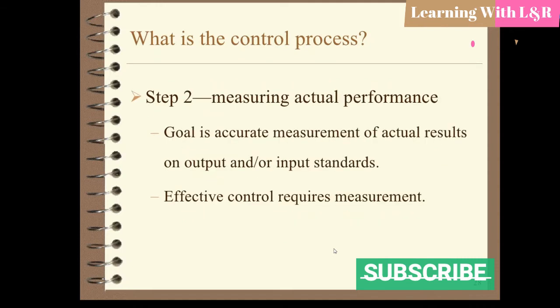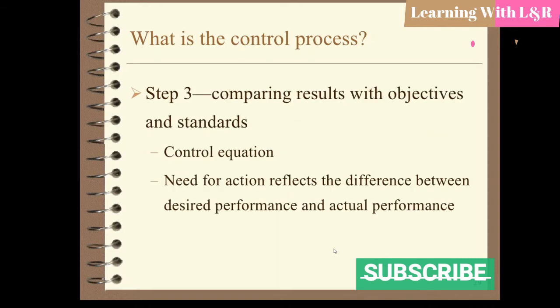Then the second one, measuring actual performance. How? The goal is accurate measurement of actual results on output or input standards, and effective control requires measurement. The third one, comparing results with objectives and standards. How?